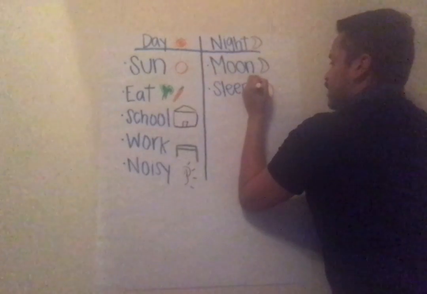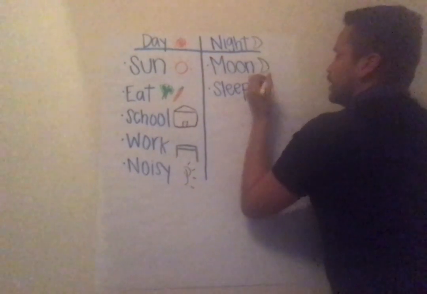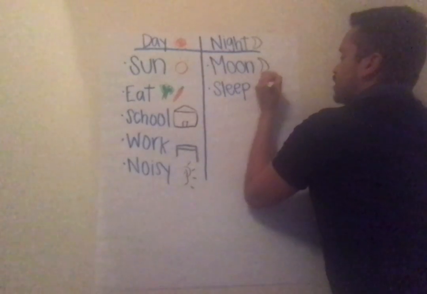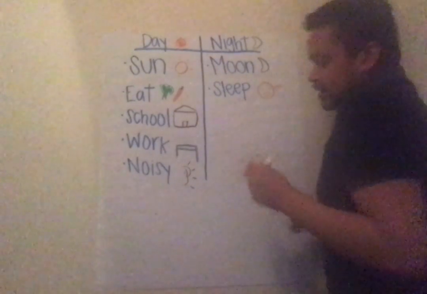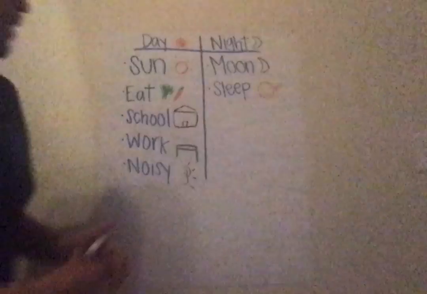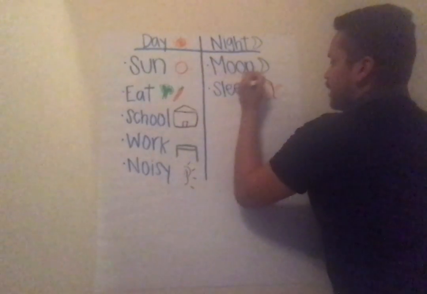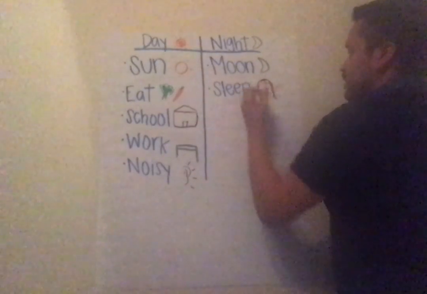So here you can see their eyes are closed, their mouth is open, and I'm going to draw some Z's coming up, because we always draw Z's to mean somebody's asleep. And let's make it a girl. Let's give her some hair. She is asleep.